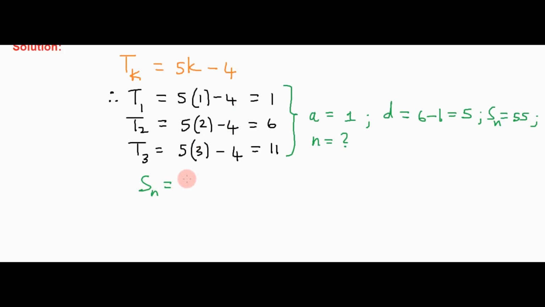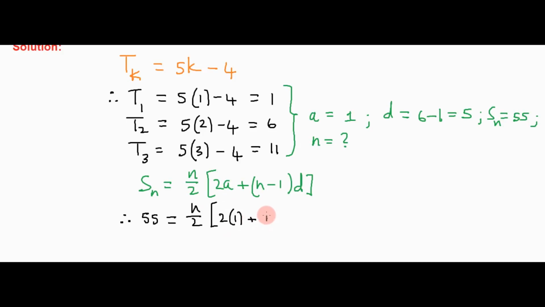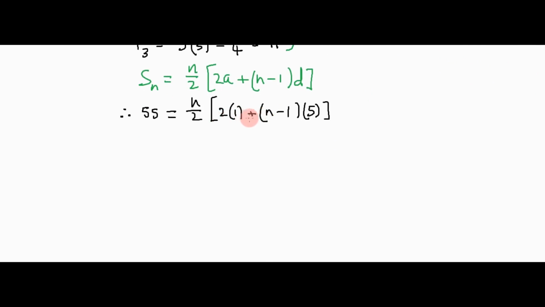S sub n is n over 2 into 2a plus n minus 1 times d. We can plug in our values. 55 is n over 2 into 2a plus n minus 1 times d. And we need to solve for n in this equation.